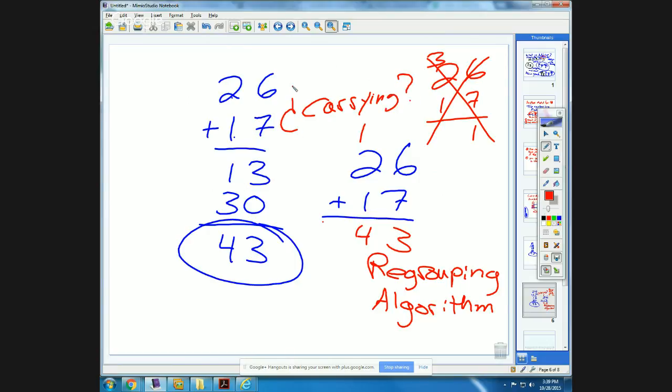We carried over to the next place value. So I physically picked it up and moved it. How about regrouping? That makes physically more sense than the word carrying does, I think. Carrying, just put it there. Why? Because my teacher said so, that's why.